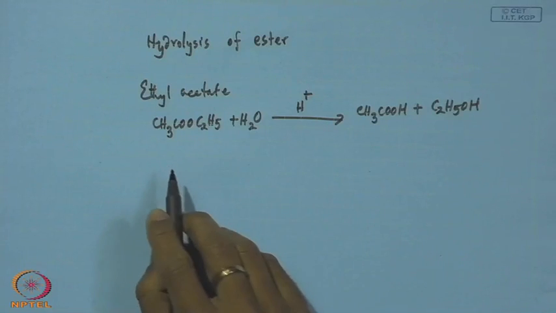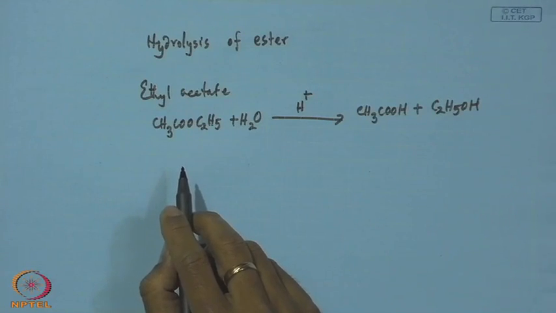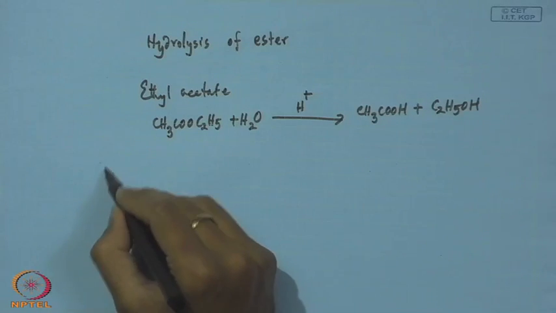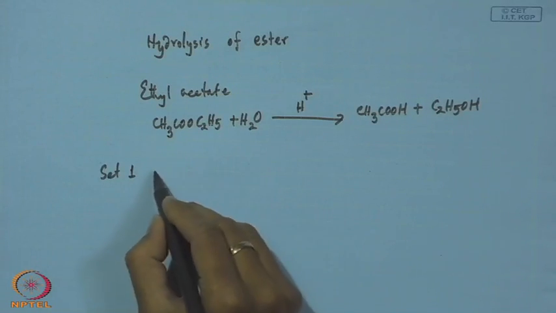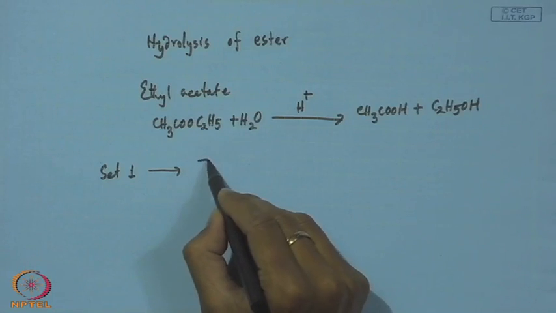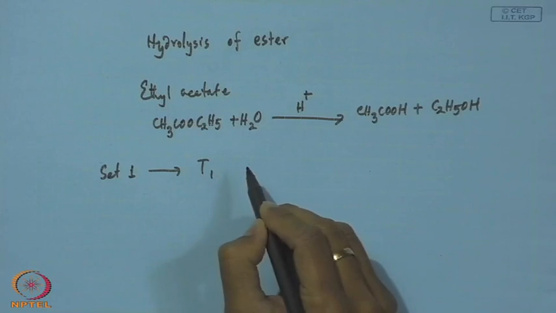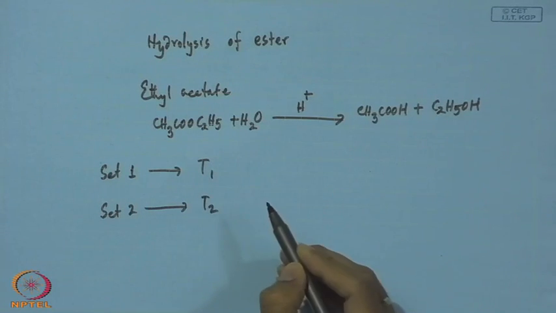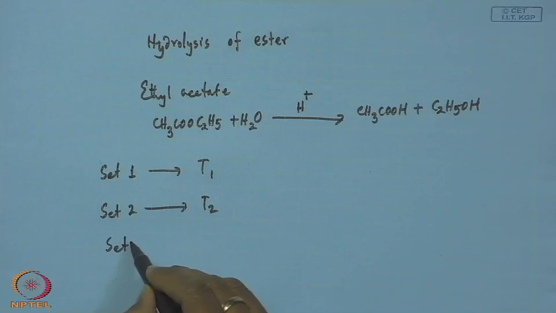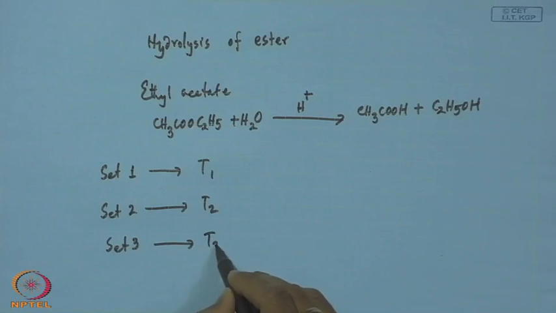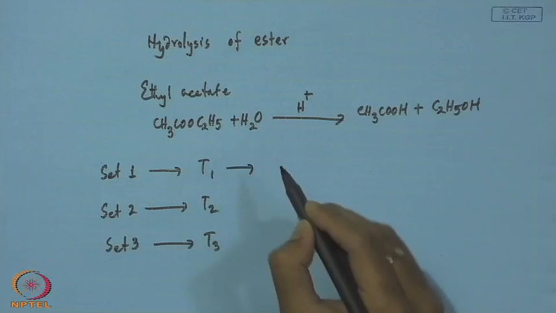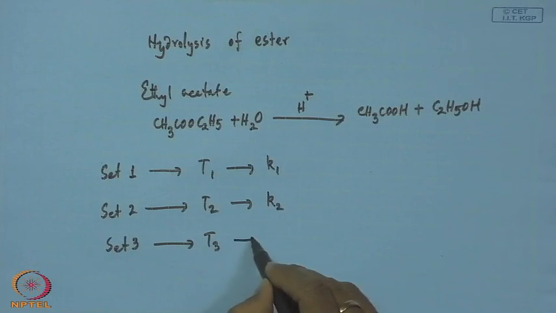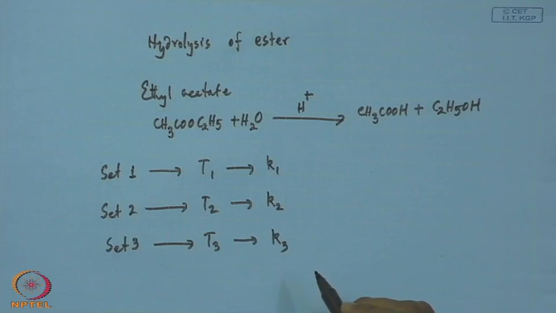So what you do? You have to have, say, 3 sets of reaction mixture. For set 1, you carry out the reaction at absolute temperature T1, set 2 at T2, set 3 at T3, then find out the corresponding rate constants K1, K2, K3. Okay.